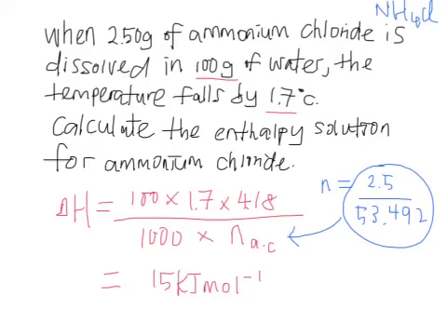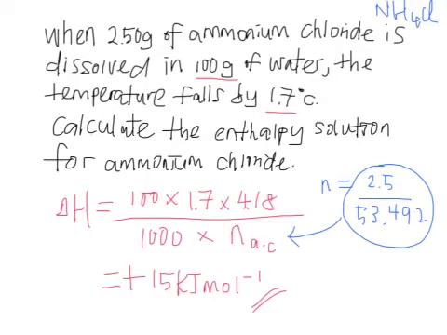In this case, your temperature falls by 1.7. That means the reactants absorb heat energy from the surroundings. Therefore, it is an endothermic reaction. So please make sure you put a plus sign in front of your answer. There you go. Got the answer.